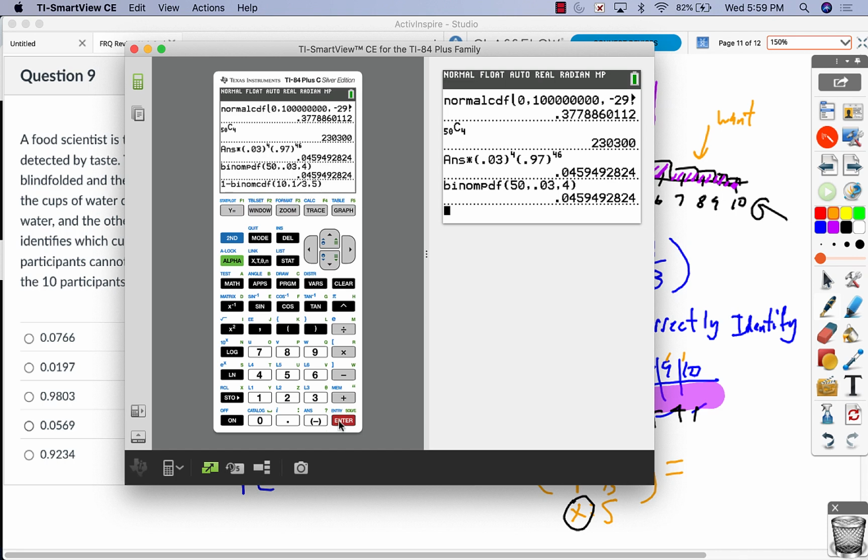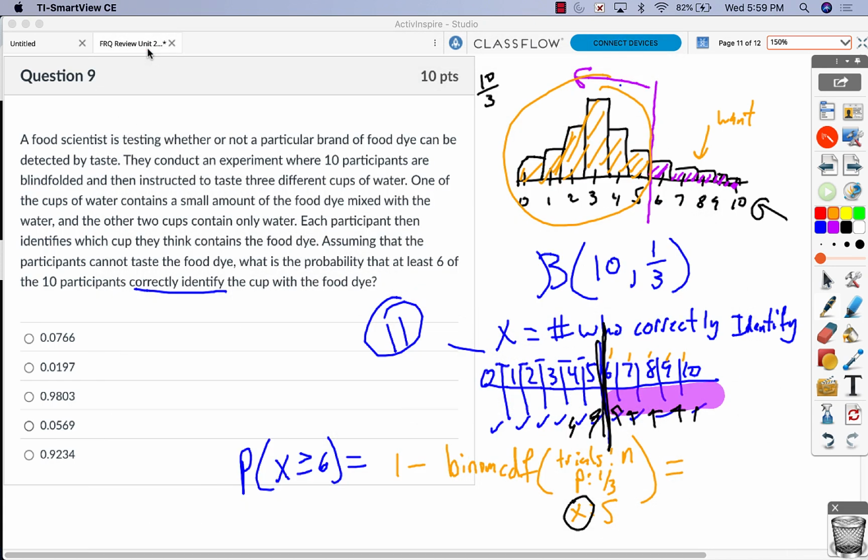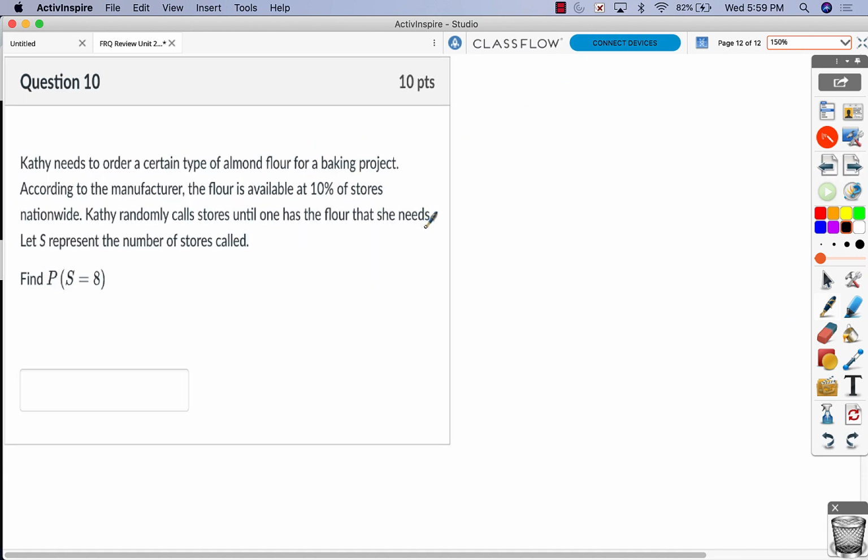There you go. This is going to give me 6 and above. 0.077. That one could be kind of tricky too, but once you get used to it, it's not too bad.